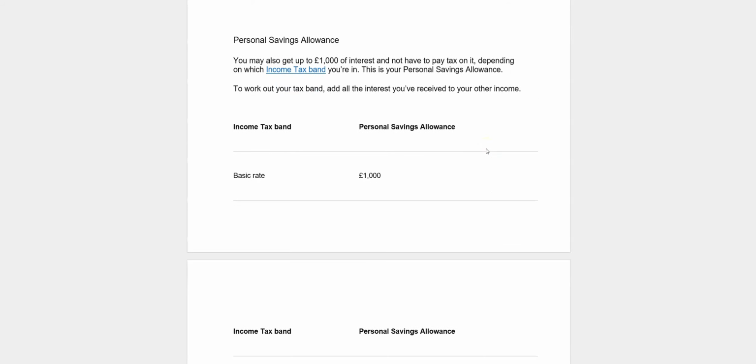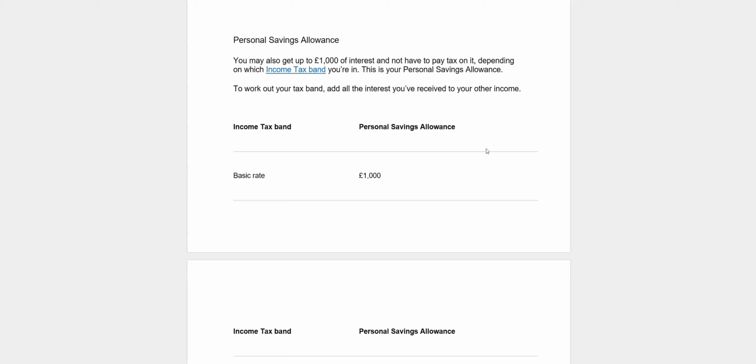Then we have some allowances. Based on the level of income, the individual can have an allowance. For example, if you are a basic rate taxpayer, then the savings allowance is 1,000. That means on what you receive from your savings income, for example if you receive £2,000 as interest income, the first 1,000 will be exempted or 0 rated.